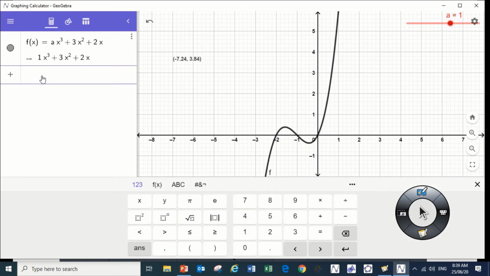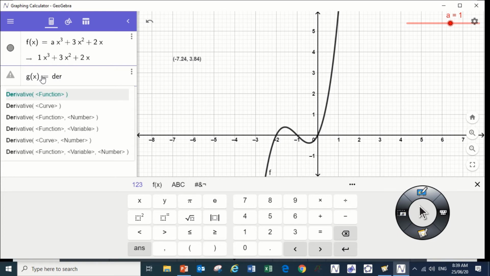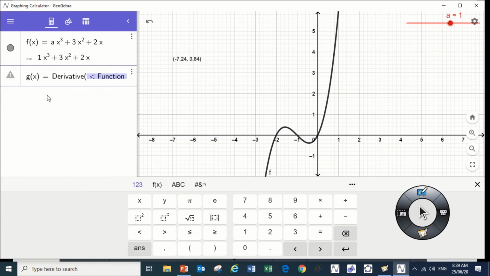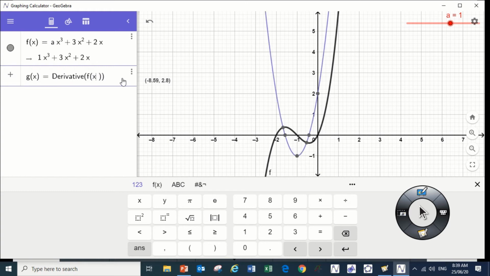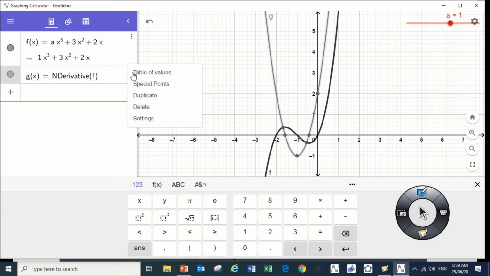Now, let me add the first derivative. I'm going to call it g of x. So here you have your first derivative.